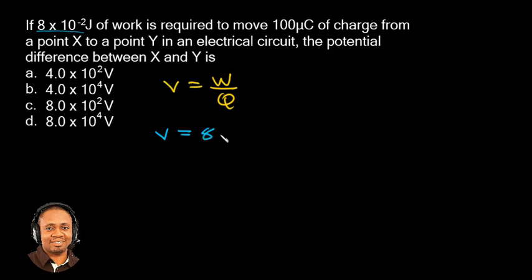So we have 8 times 10 raised to the power minus 2, to be divided by the charge. Remember that the charge we're given is 100 microcoulomb. And 1 millionth of a coulomb is equal to 1 microcoulomb.